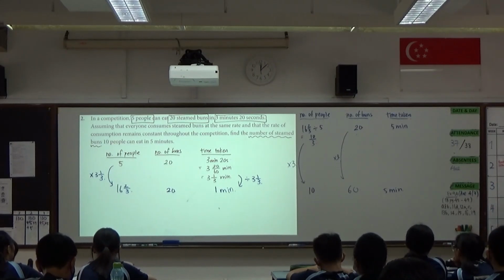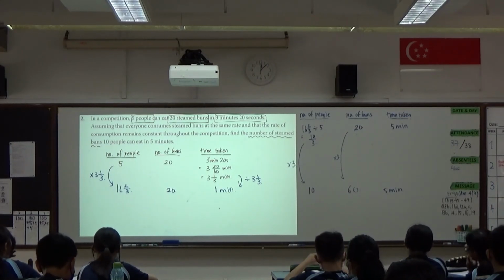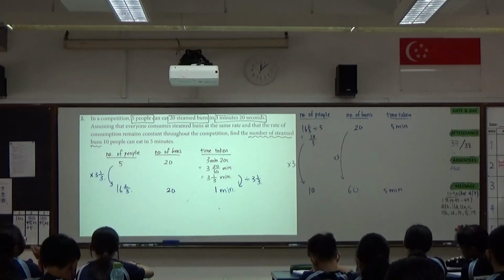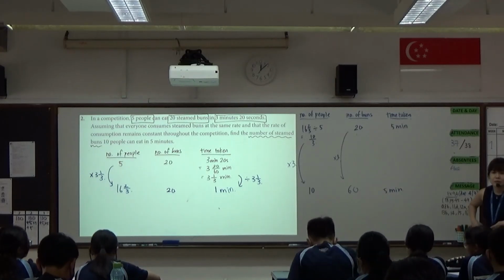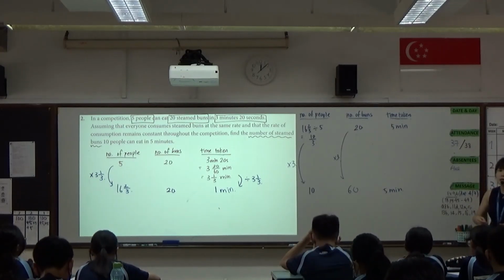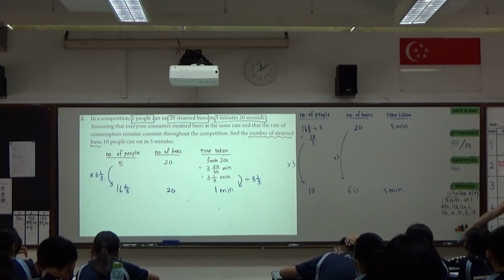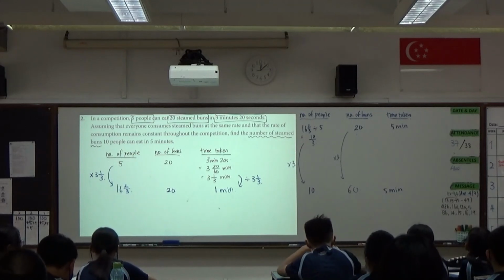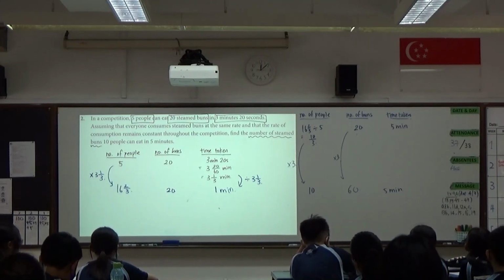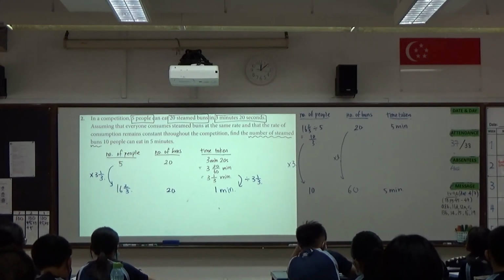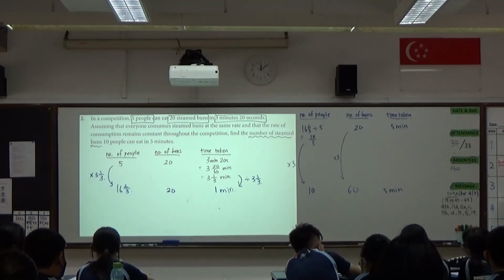Alright, any questions? We will do it in this manner whenever we have 3 quantities. Later on in set 2, we are also going to go into such questions again. That's where we can form algebraic equations, but there's actually not much need for us to do it by algebra.